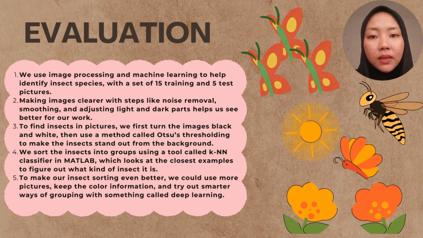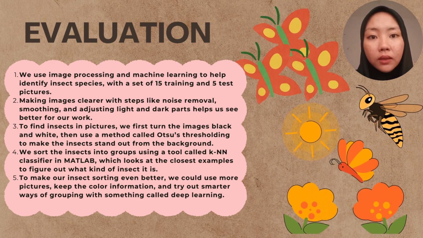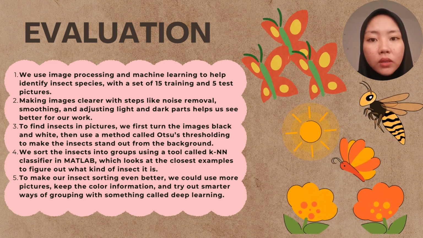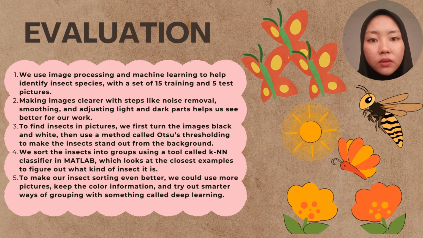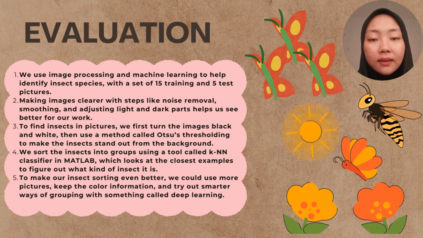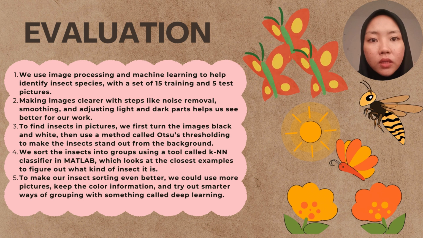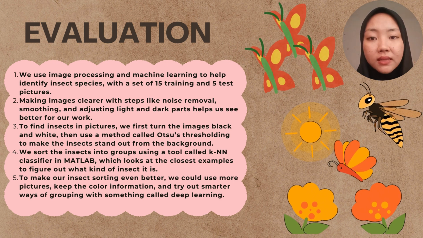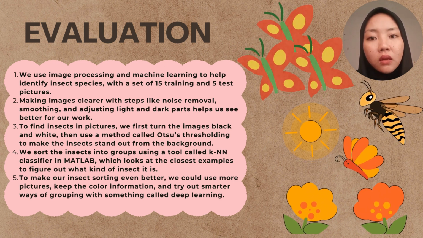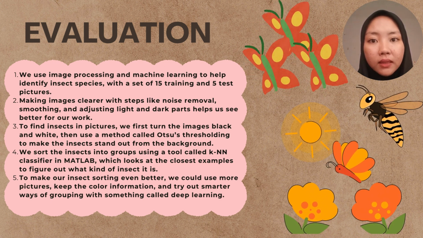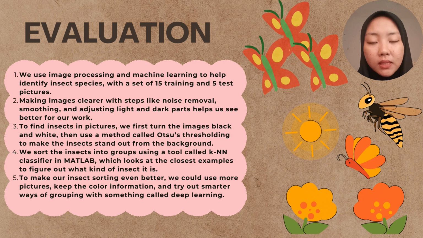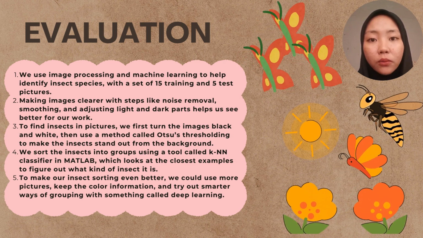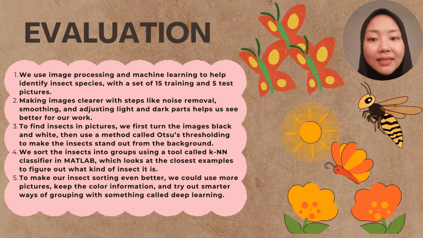Then, we use a method called Otsu thresholding to make the insect stand out from the background. We sort the insects into groups using a tool called KNN classifier in MATLAB, which looks at the closest example to figure out what kind of insect it is. To make our insect sorting even better, we could use more pictures, keep the color information, and try smarter ways of grouping with something called deep learning.